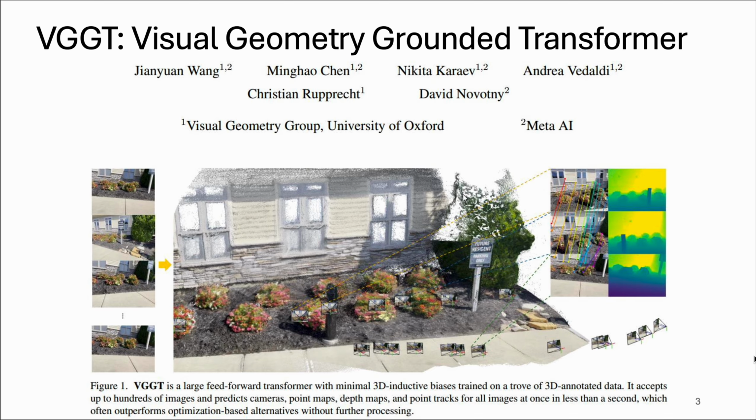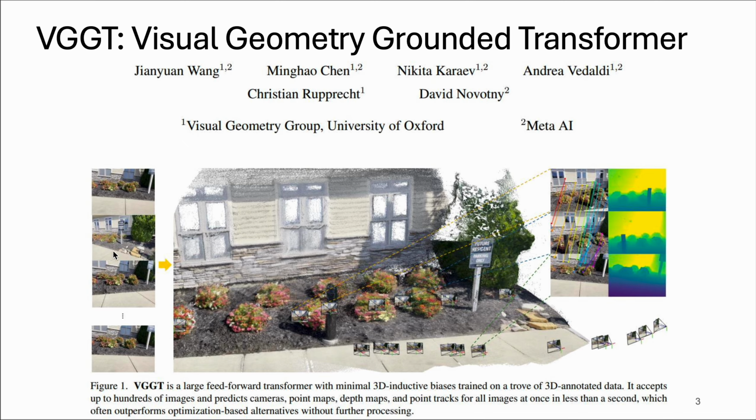In the first figure of the paper, it shows the problem this paper is trying to solve. On the left side, the input to the system is multi-view images, a list of images from different view angles showing the appearance of the same thing.